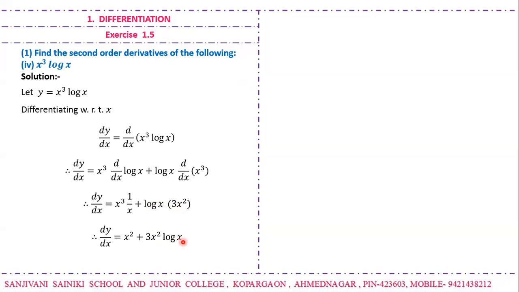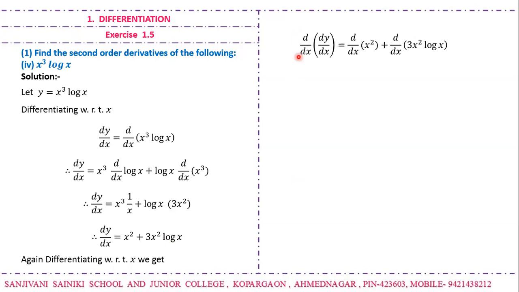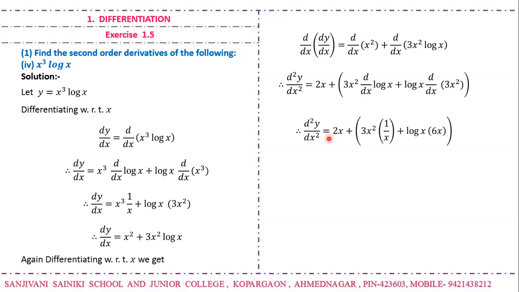We will write this as x square plus 3x square log x. So again differentiating with respect to x, d by dx of dy by dx is nothing but d2y by dx square, then d by dx of x square plus d by dx of 3x square log x. So here you have to use product rule. 3x square as it is, d by dx of log x plus log x as it is, d by dx of 3x square.